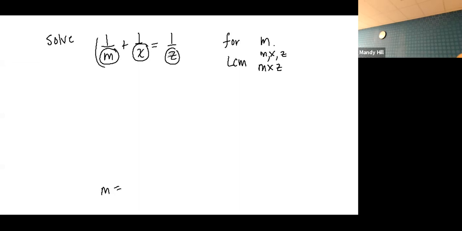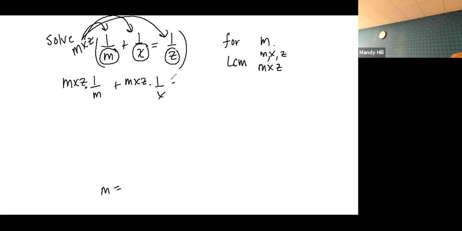So if I multiplied each one of these terms by m, x, z, what's going to happen is I'm going to get rid of the fractions. The m's are going to cancel out on this one, and I would be left with xz. The x's are going to cancel out on this one, and I'm left with mz. The z's are going to cancel out on this one, and I'm left with mx.